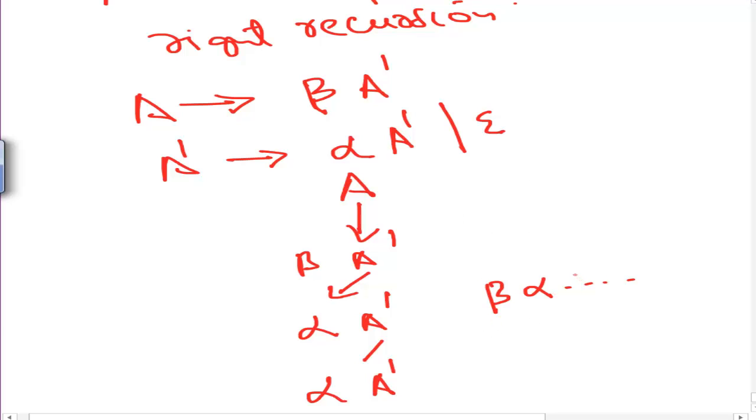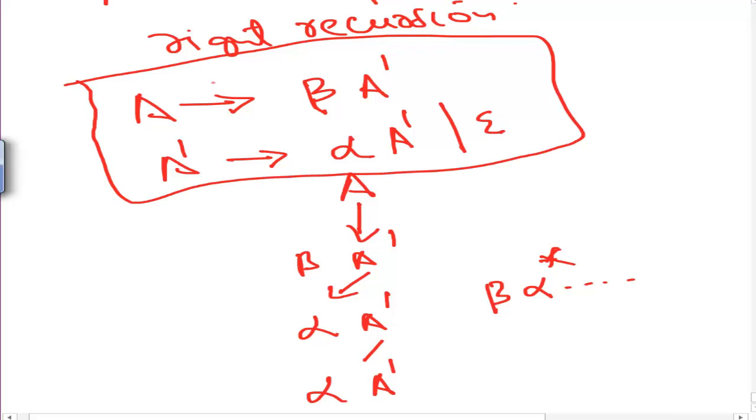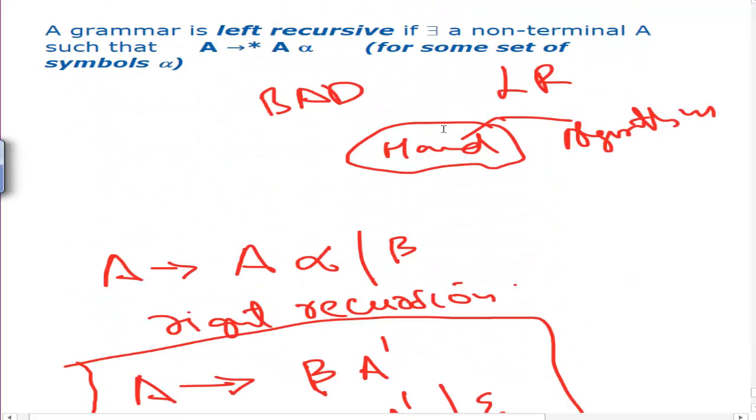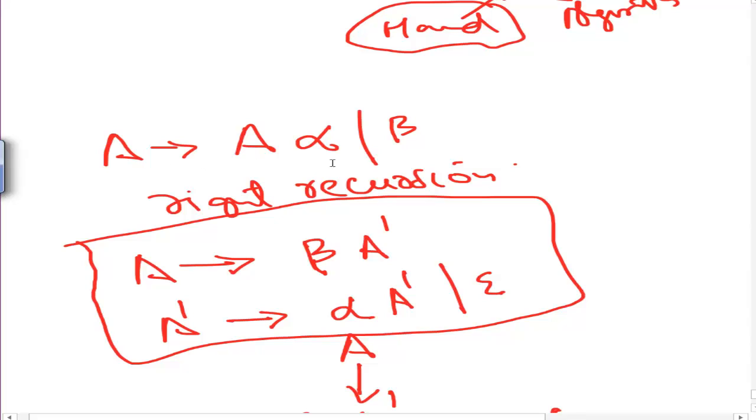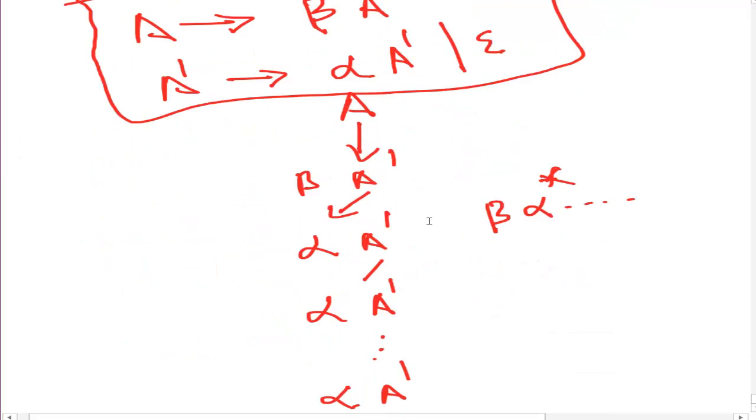Here we have what's called right recursion, and this one was the left recursion. The grammars are equivalent because they generate the same thing: first beta, and then alpha many times.